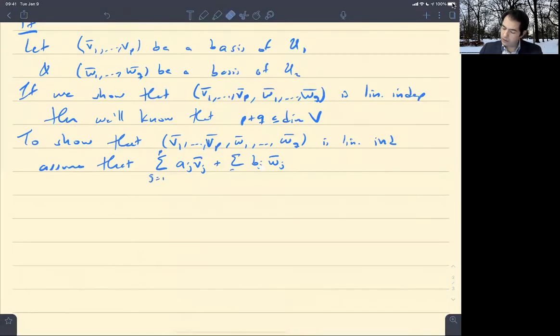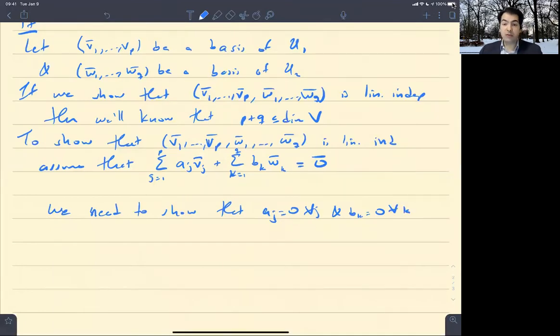Well, let's use different dummy variables. So BK WK, K goes from 1 to Q. Assume that this long linear combination is equal to 0. We need to show that AJ is equal to 0 for every J and BK is equal to 0 for every K.